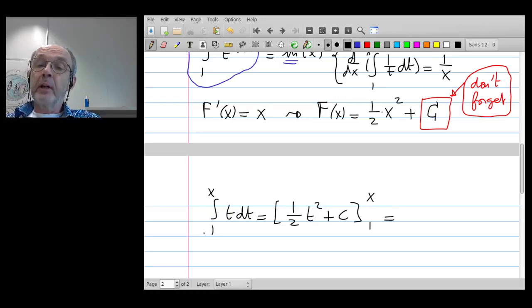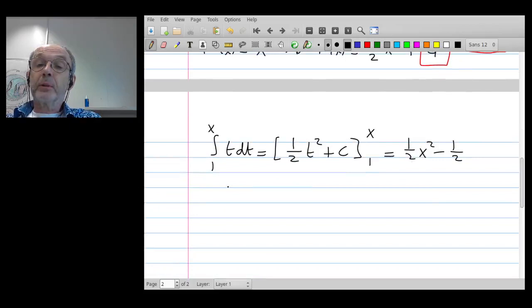But here you see that the lower boundary is known, the upper boundary is in a certain sense known, and if you fill in, you see that the c falls away, and we get out of it 1 over 2 x squared minus 1 over 2. And you see also that if the x is equal to 1, you get 0 out of it.